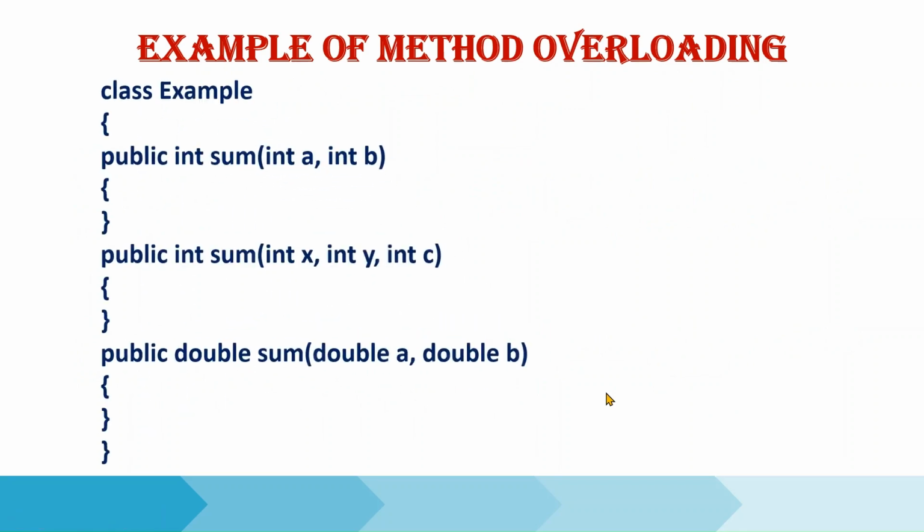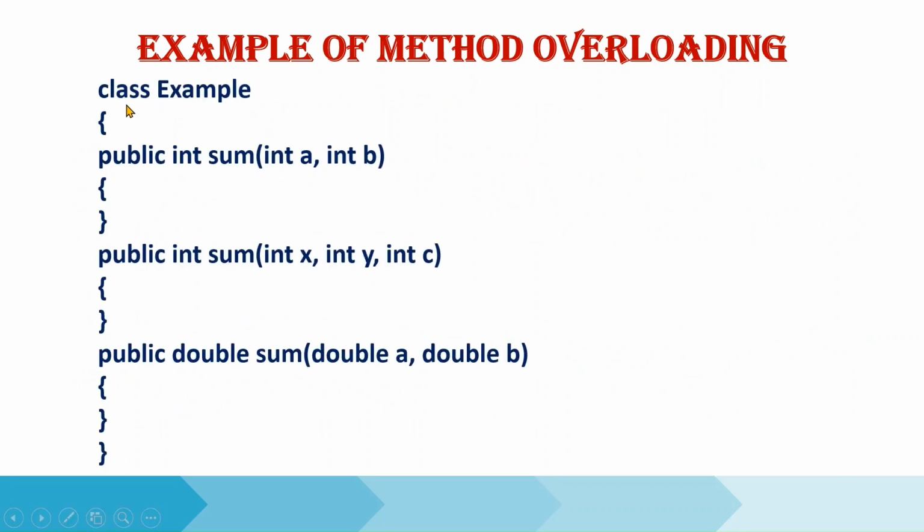Now let us see an example. I'm taking one class named example, and here I'm taking one method called sum, with a return type and an access specifier. When you write public, it can be accessed from within the class, within the same package, or by a class outside the package also.